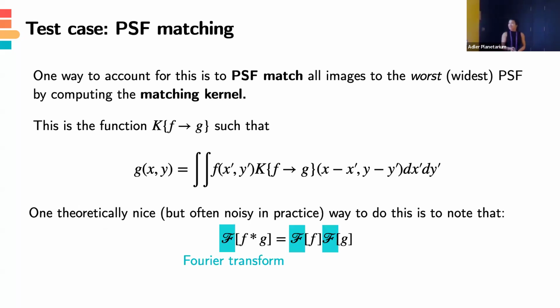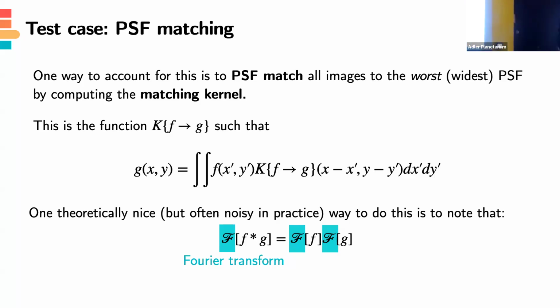One way to do this that's theoretically very nice, but often very noisy in practice, is to note that the convolution of two functions is the product of their Fourier transforms. So if you take the Fourier transform of the convolution between f and g, you will get the product of the Fourier transform of f and the Fourier transform of g.